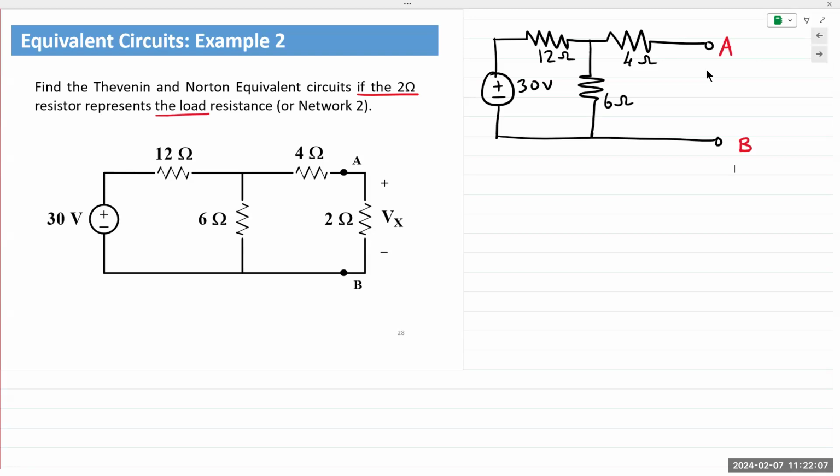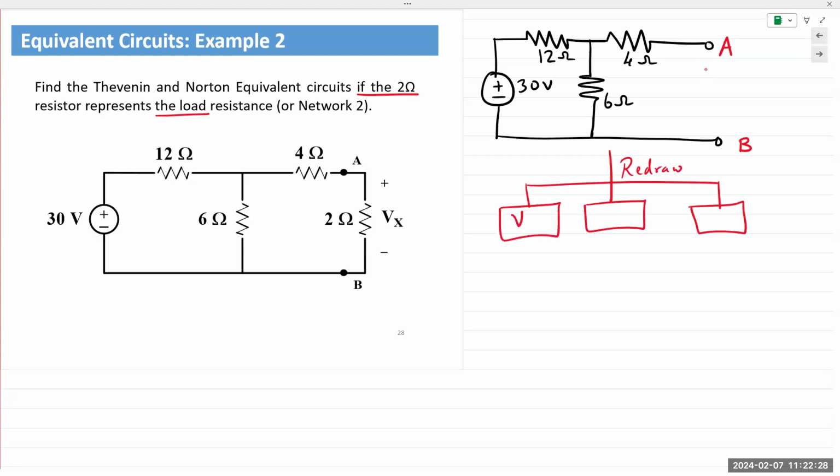You analyze it 3 times, 3 separate times: VTH, RTH, and IN.